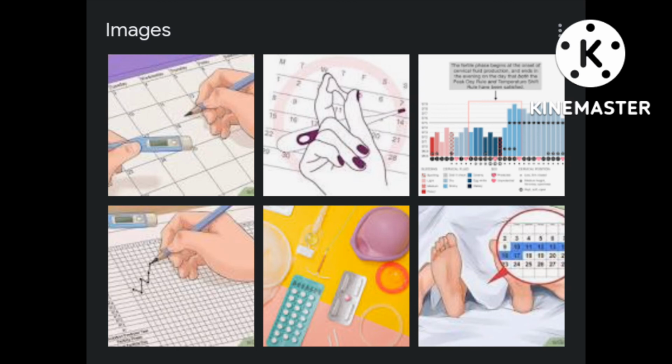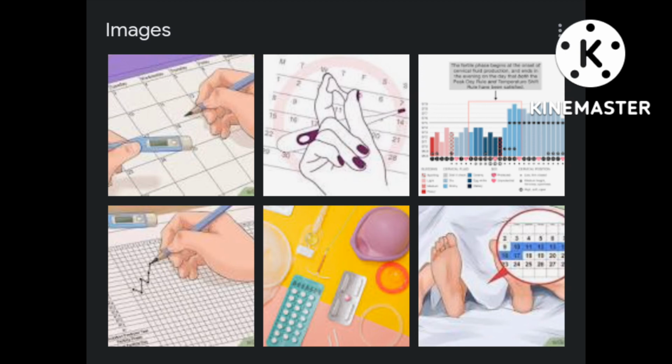Side effects: both these methods are associated with side effects, particularly in combination with other medication and tobacco, and health complications including mood changes, acne, headaches, breast tenderness, pelvic pain, excessive bleeding, amenorrhea, nausea, weight gain, and uncommonly blood clots.